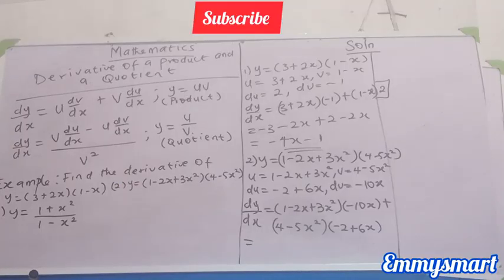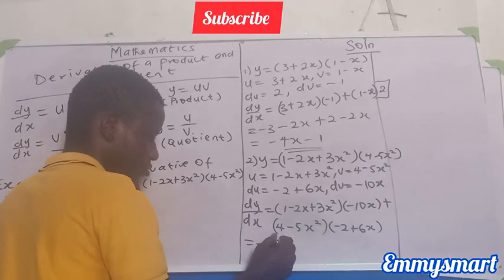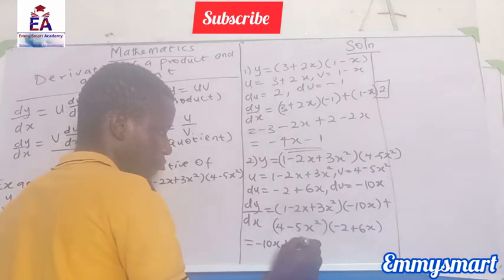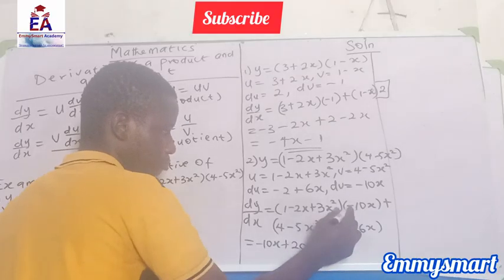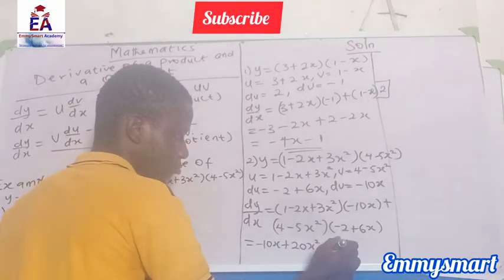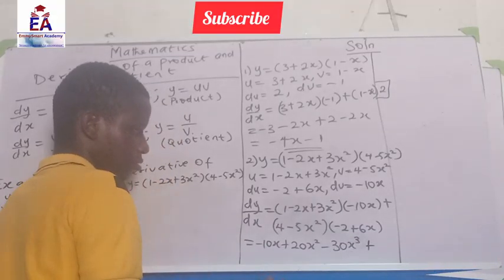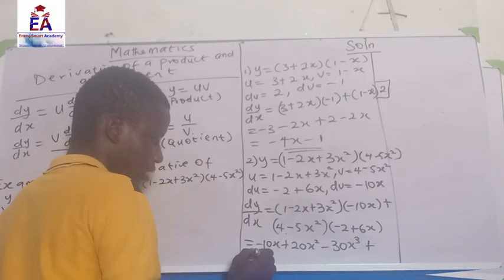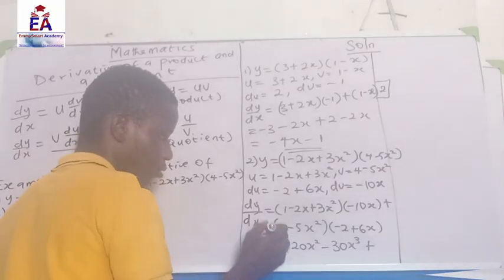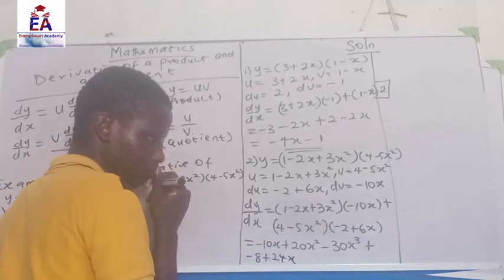So I can expand this: minus 10x times 1 is minus 10x. Minus minus is plus. 10 times 2 is 20x squared. Minus plus is minus. 10 times 3 is 30x cubed. 4 times minus 2 is minus 8. 4 times 6 is 24x.